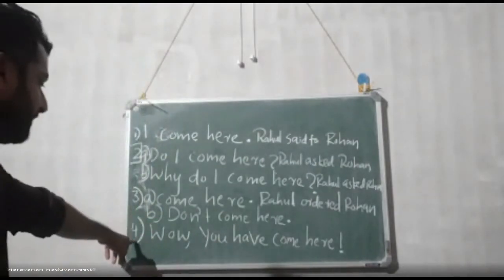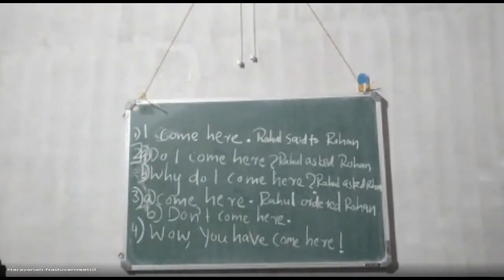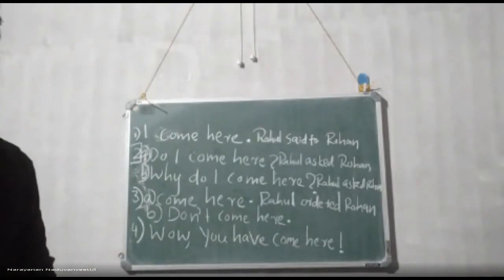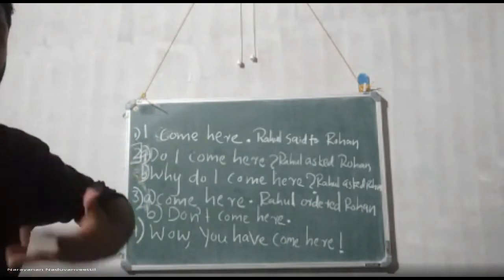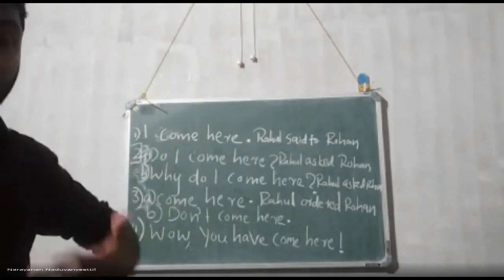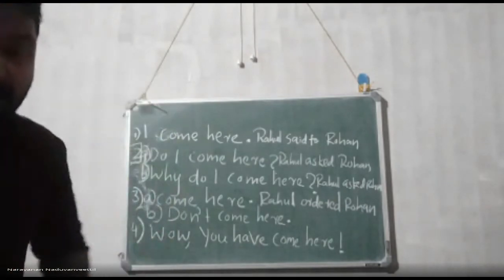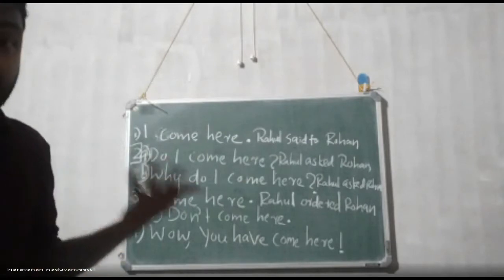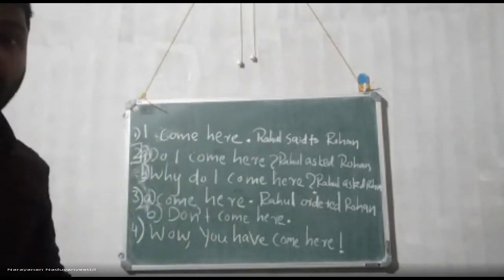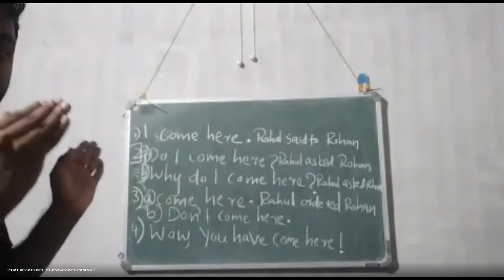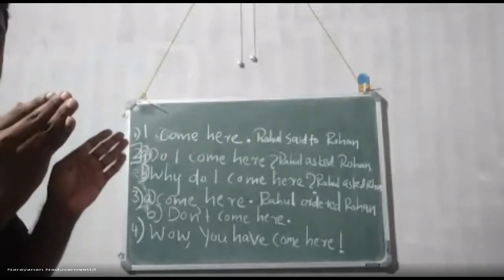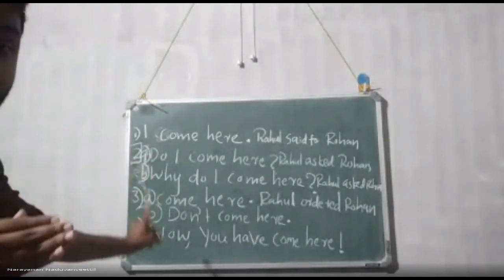And as for the fourth one, how can we make it? It's an exclamatory sentence. Exclamation, expressing heavy emotions, whether it is pain or happiness, over happiness. So, how would we start the reported speech of an exclamatory sentence?